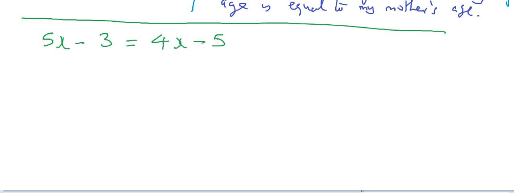This is also an equation, isn't it? So how to find the value of x in this equation?